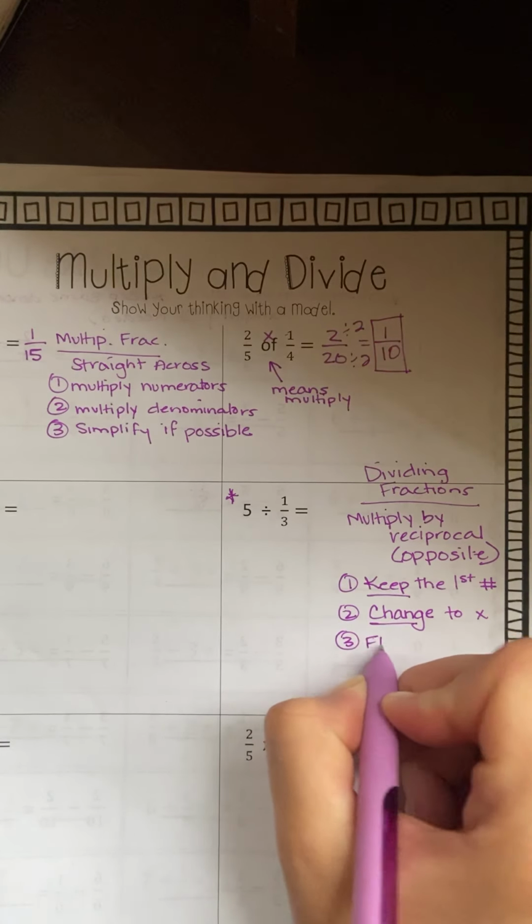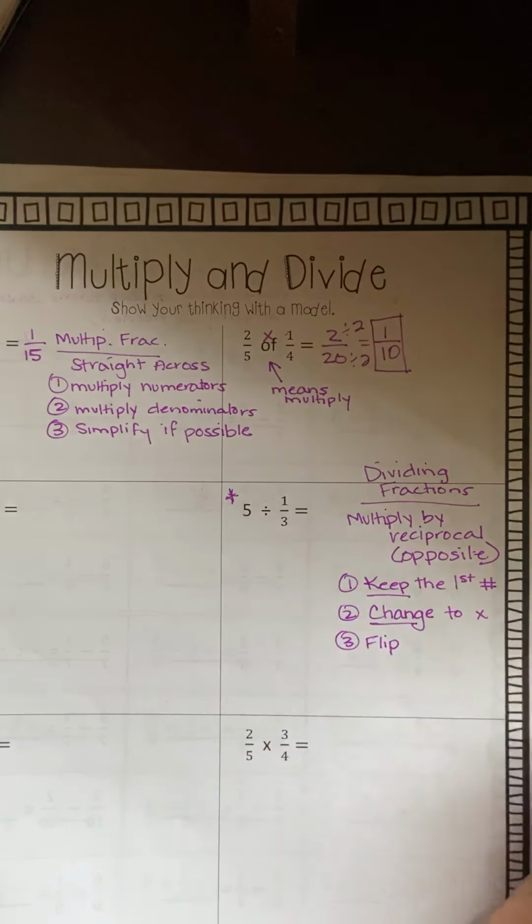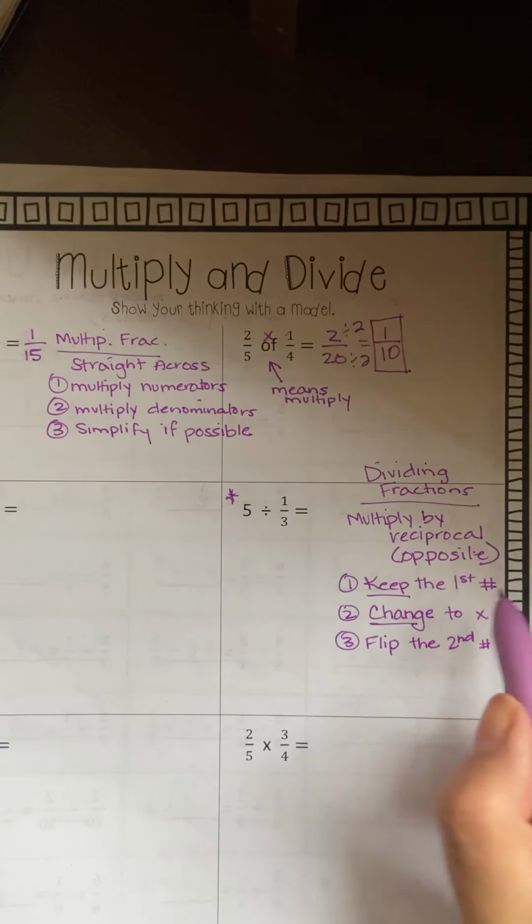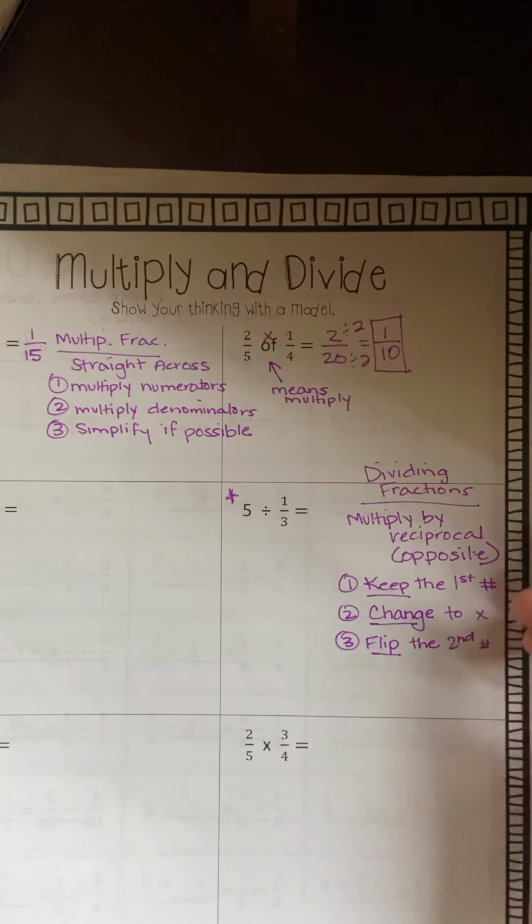And then lastly, we are going to flip the second number. Okay, or in other words, the flipping the second number is going to be the reciprocal. Okay, so whichever way you like to remember it, multiplying by the reciprocal, or if you have that little method in your head, keep, change, flip, then that's how you divide by fractions.